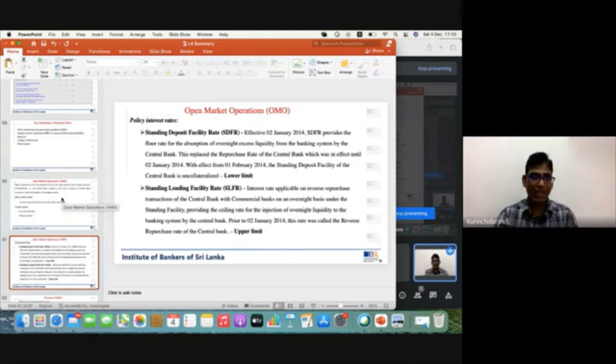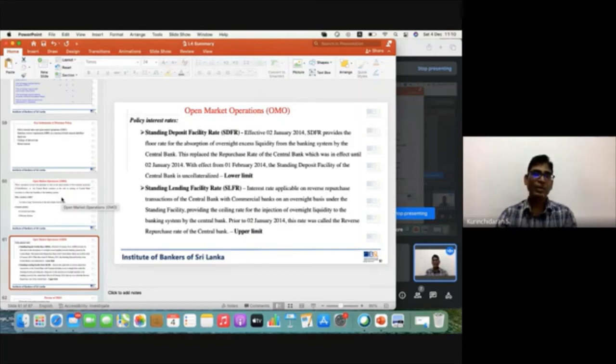One thing I have to say here is the policy interest rate. We have the standard deposit facility rate, SDFR, and the standard lending facility rate, SLFR.